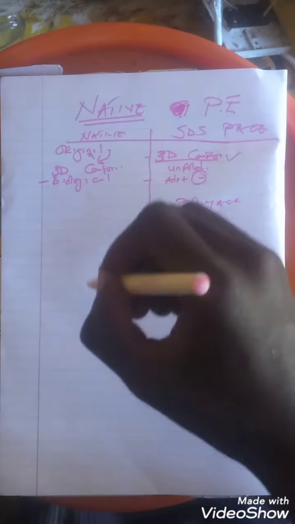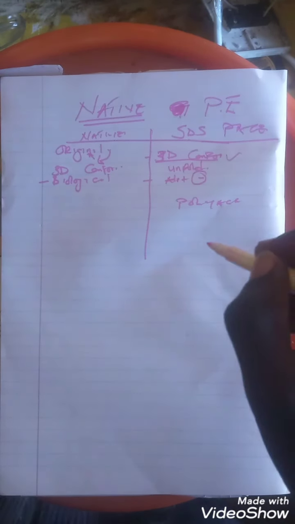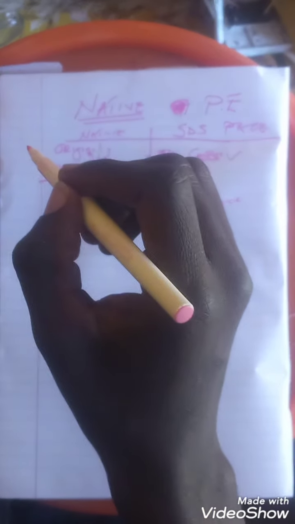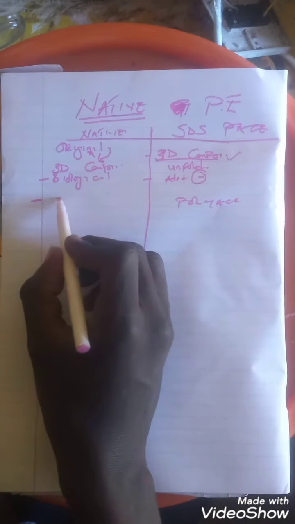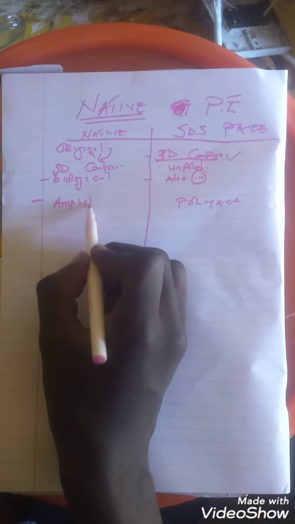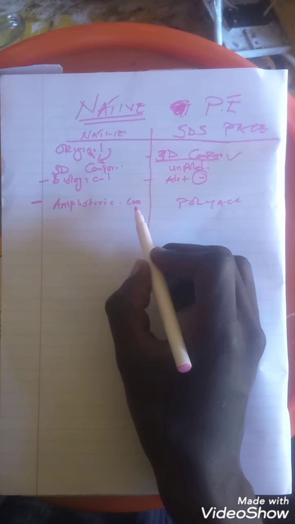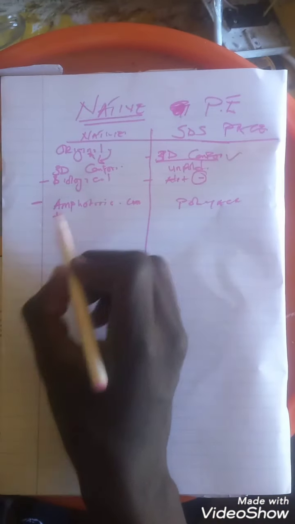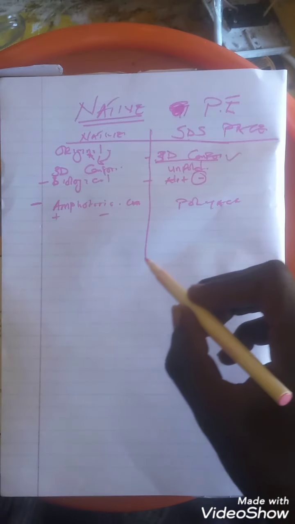Three is that unlike SDS, in which the proteins will have a net negative charge when SDS is added to them, in native protein electrophoresis, the proteins will maintain their amphoteric charges, or their amphotericness, if there's such a word. Which means some proteins will be positively charged, some others will be negatively charged, then others will be more positively charged than others, and others more negatively charged than others.